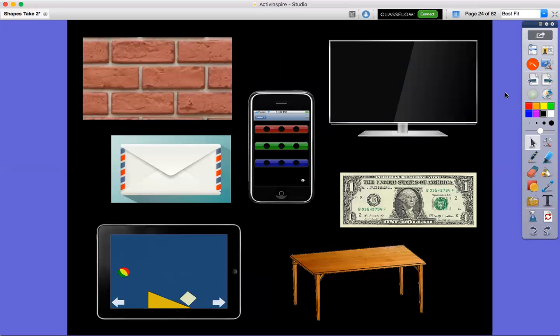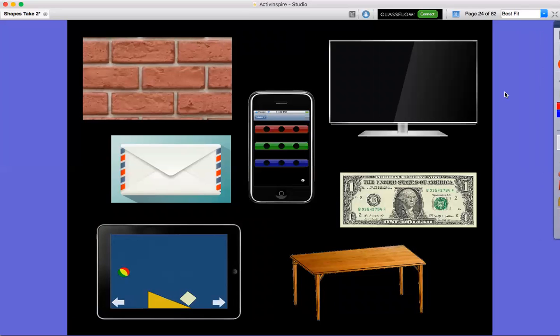Let's look at things we might know that are rectangles. Bricks on buildings are rectangles. An envelope to mail a letter can be a rectangle. The iPads that we use are rectangles. This phone is also a rectangle. TVs can be rectangles.